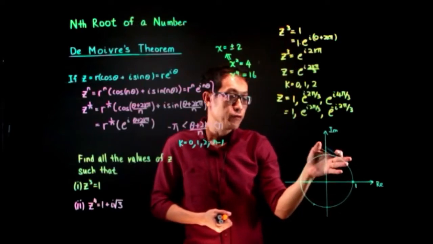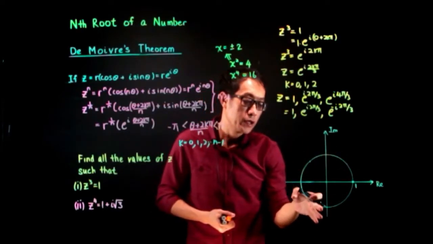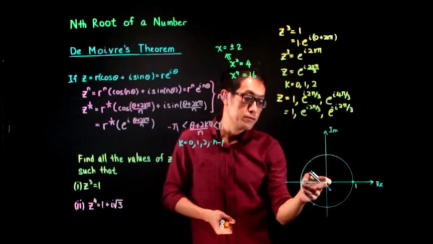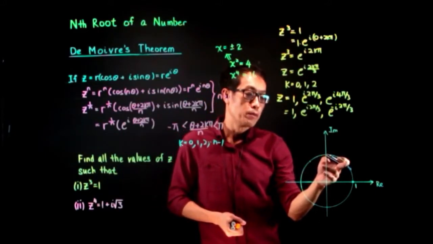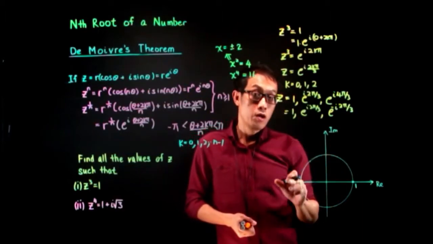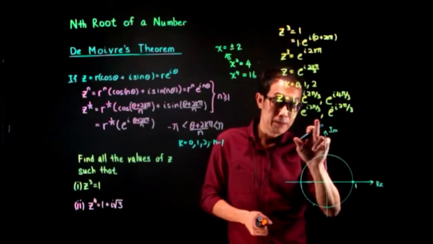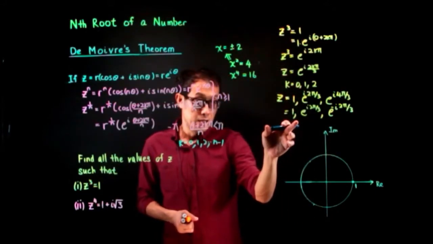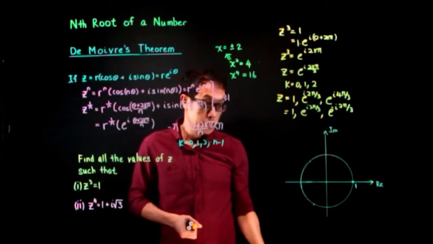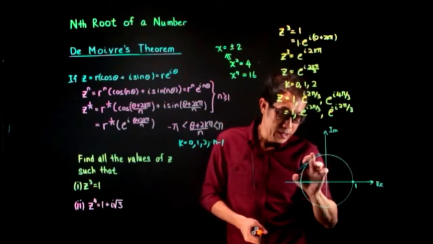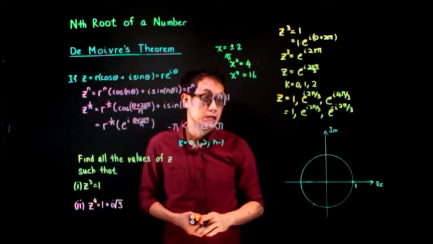That's why all of them will fall on a circle, because this length from 0 to the complex number is the modulus of the complex number, and all these complex numbers have 1 as a modulus. So they must fall on the circumference of the circle.